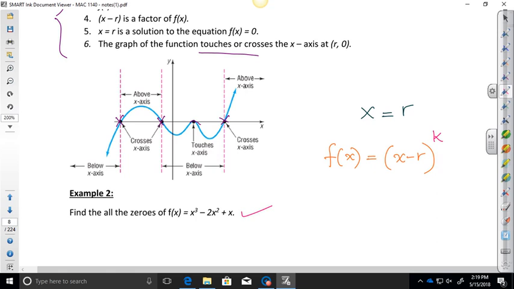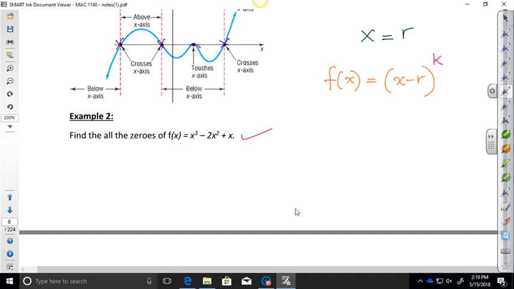We're going to factor that first. We need to see the factors. Then you look at the exponents of each of those factors. If the exponent is even, it simply touches. If the exponent is odd, it crosses. So let's see how this works. Even, it touches? Yes. And odd, it crosses, yes.